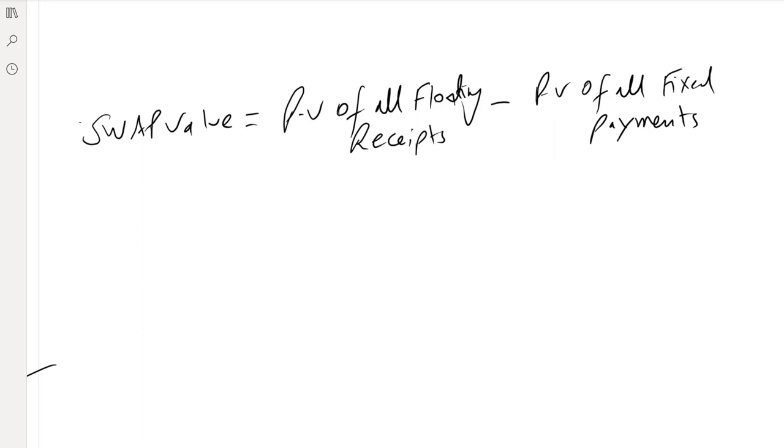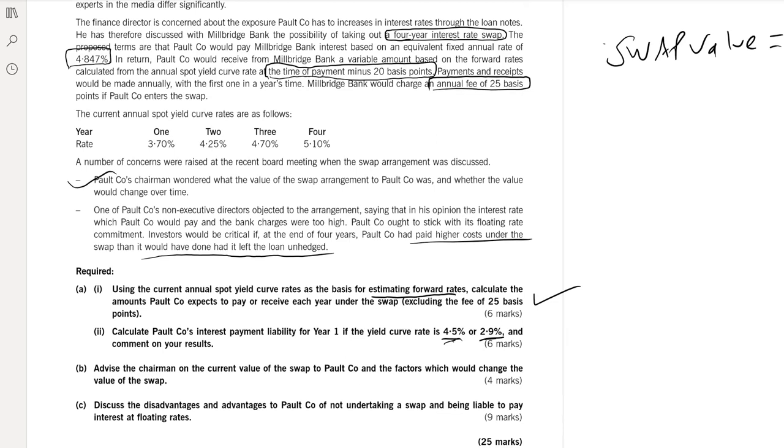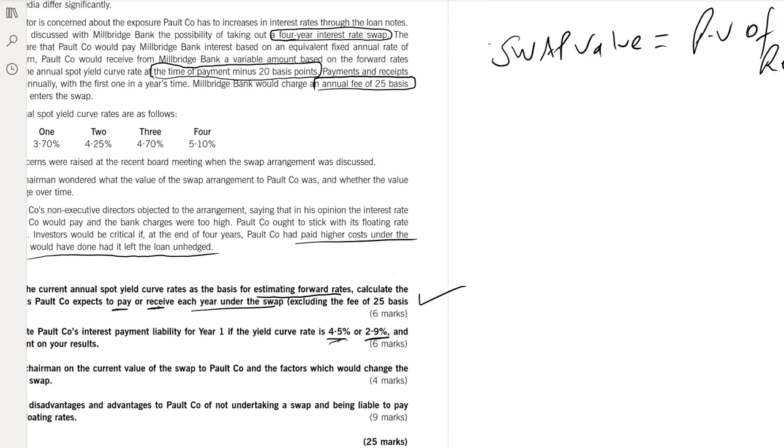Okay, we will always do the floating calculation using the forward rates, and we will discount both legs using the spot yield. Although there is no need to do the discounting, because in the requirement we just have to calculate the amount of payment or receipt each year under the swap. So let's calculate the forward rates.